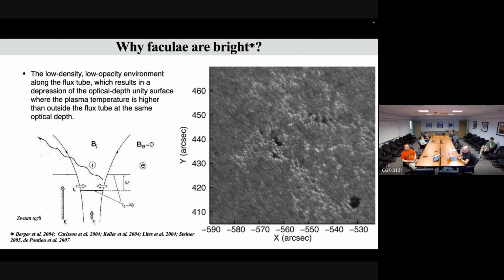As a result, when we look at these magnetic flux tubes from the top, what we see is bright points. But when we see them at an angle, we see edges of the granular walls, and they are hotter than the neighboring atmosphere at equal optical depths. So they are hotter, and that's why we see them as bright structures.